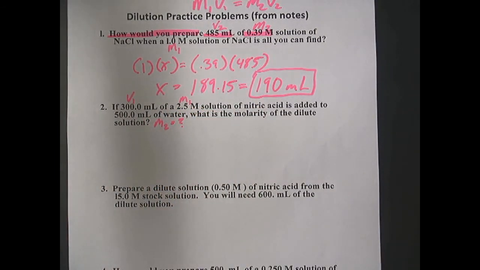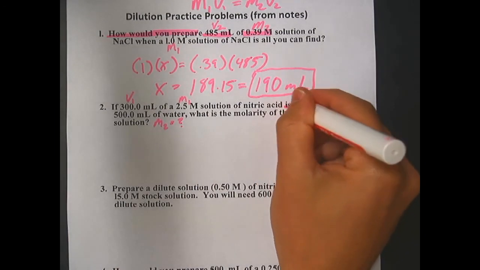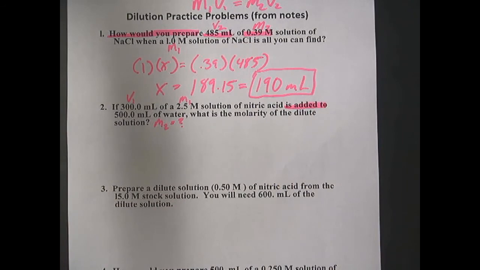So what's our V2? This is where you've got to make sure you're reading these questions rather carefully. The calculation itself is not very difficult, so the only way I can make these problems more difficult is by wording them a little tricky. A lot of people might tell me that V2 is 500 milliliters, but you have to pay attention to words like "it's added to."